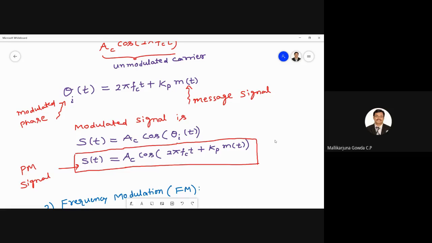Similar to that, here it is a phase sensitivity factor. It is a proportionality constant, Kp, because the proportionality constant is replaced by this number. So the phase of the carrier will be varied depending upon how the message signal varies.